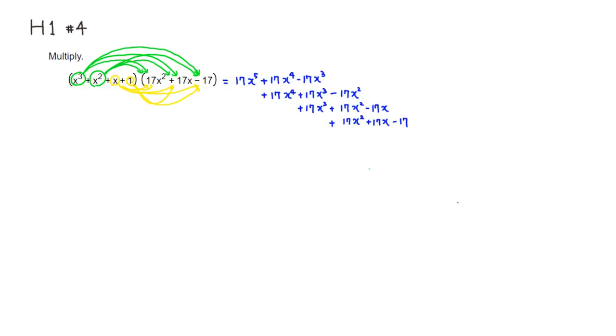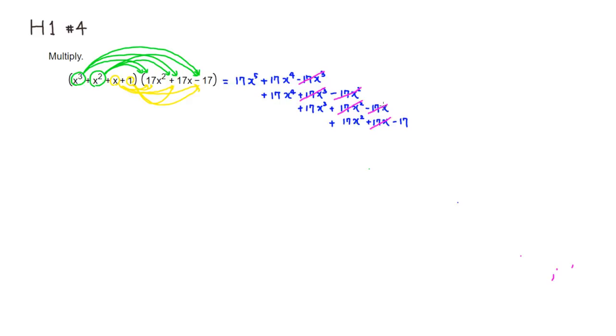Looking at these columns, negative 17x cubed cancels with the positive of the same thing, negative 17x squared cancels with positive 17x squared, and negative 17x cancels with positive 17x.